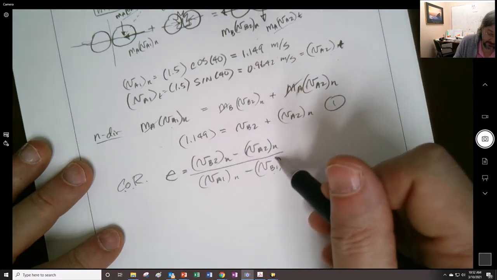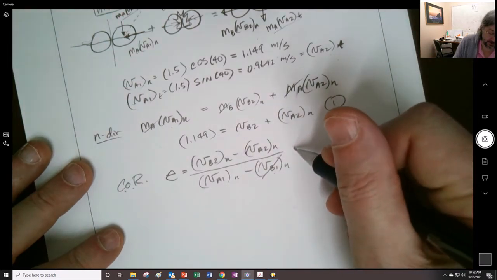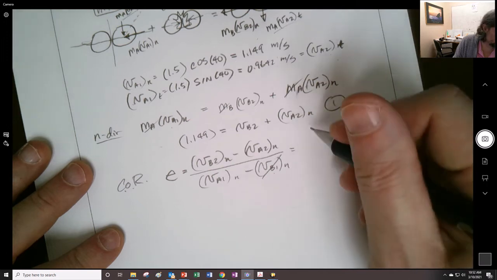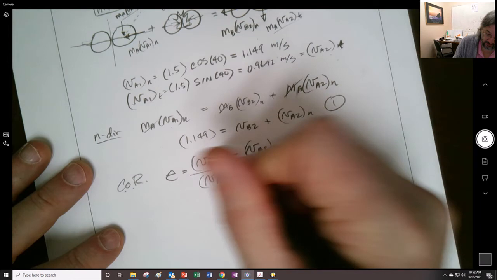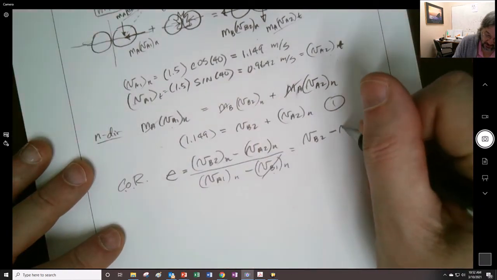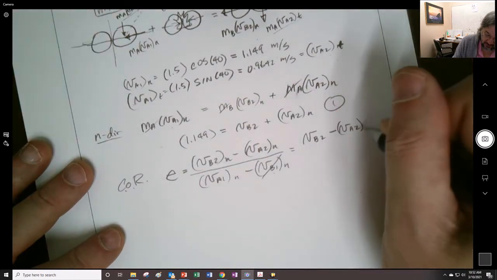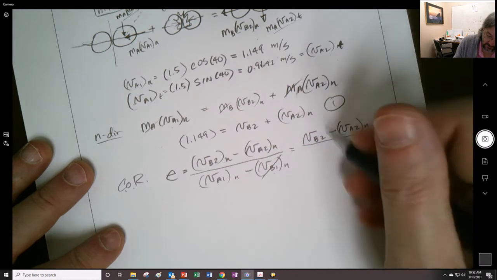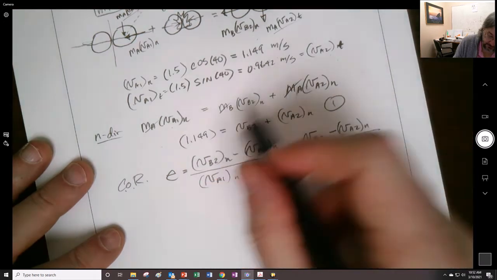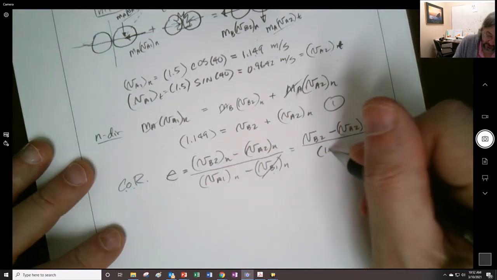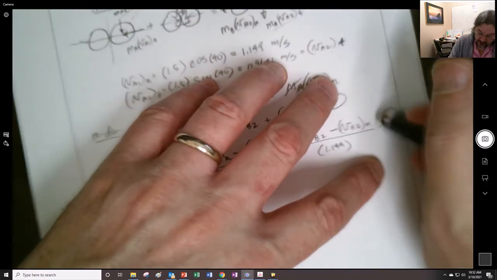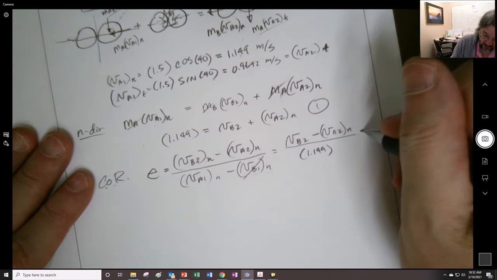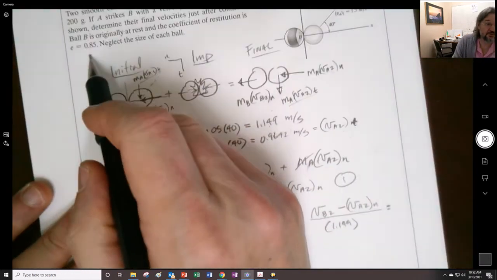And this one is 0 right here, right? And this one we know, so I'll write this out: VB2 minus VA2N divided by 1.149. I didn't leave enough room to say equals coefficient of restitution 0.85.